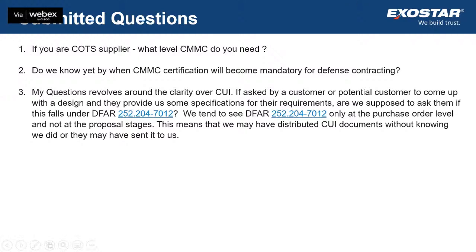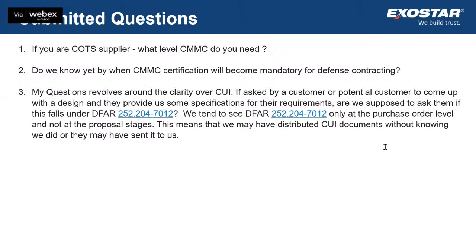So I believe we did get another question that came over. Let me look at my chat here. Let's see. How is controlled unclassified information going to be marked? What tells us we must be CMMC certified?